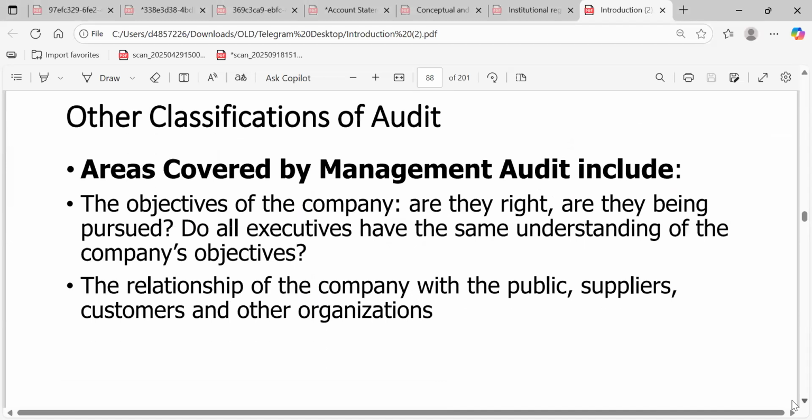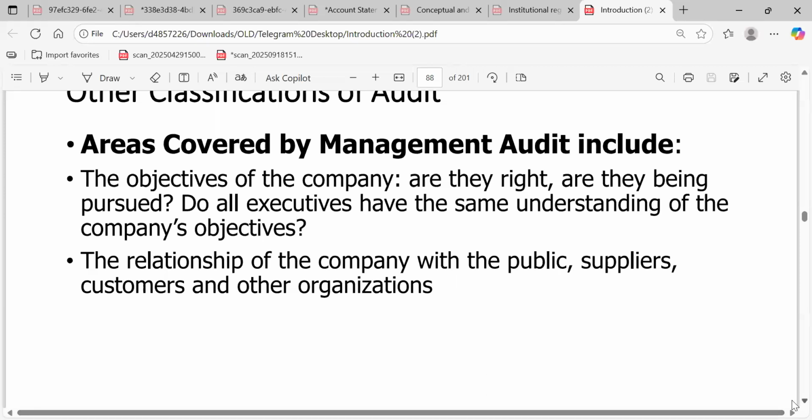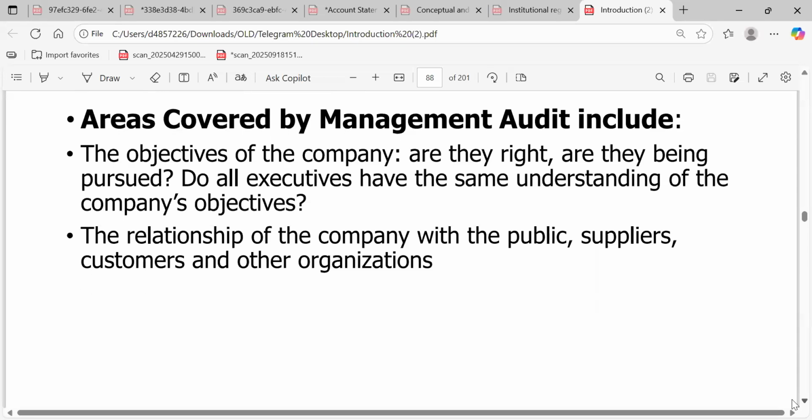So we say the objective of the management audit includes different objectives, but most of the time, these management audits are normally requested by management. So they are for management consumption. So sometimes we say they are for what? Internal consumption. So what normally happens is that if the entity has a very strong internal audit department, most of these other forms of audit, like the operational audits, the compliance audit, and all of those, can be carried out by the internal audit department.